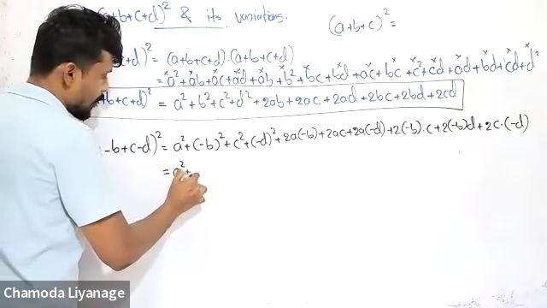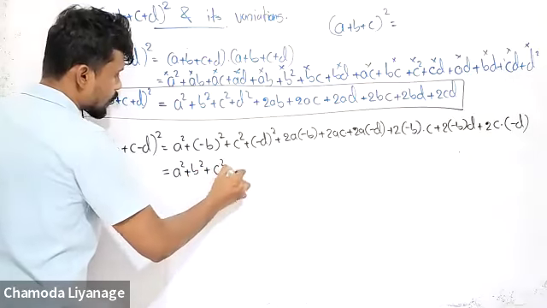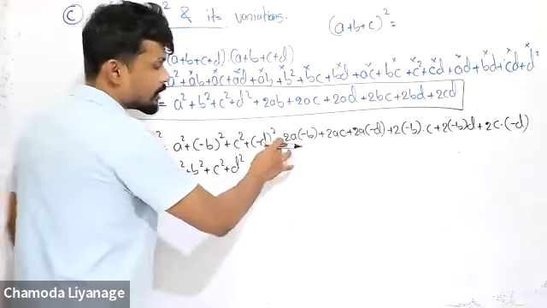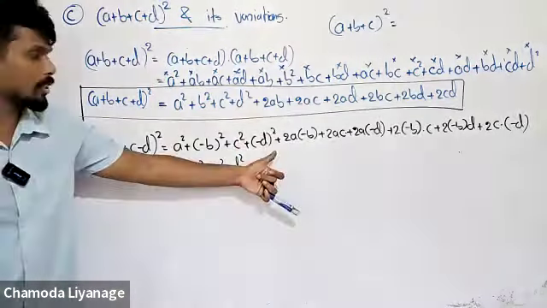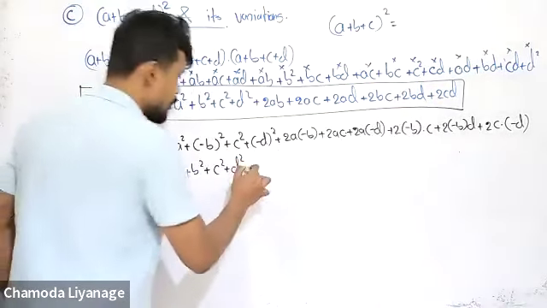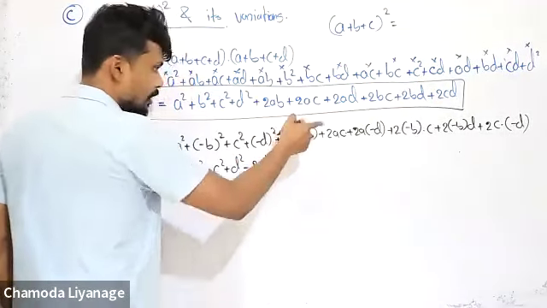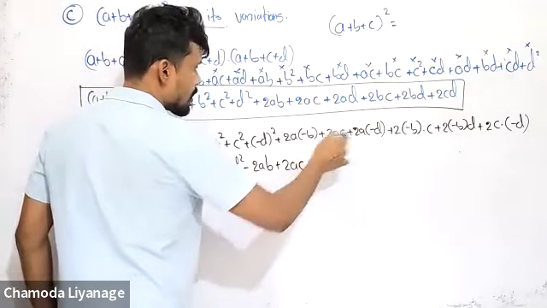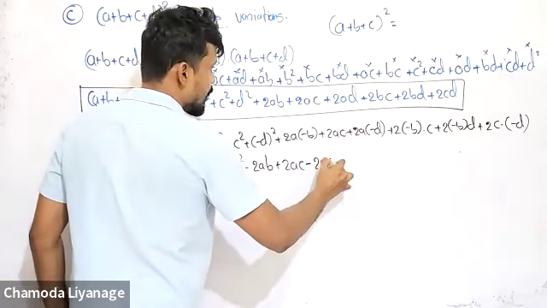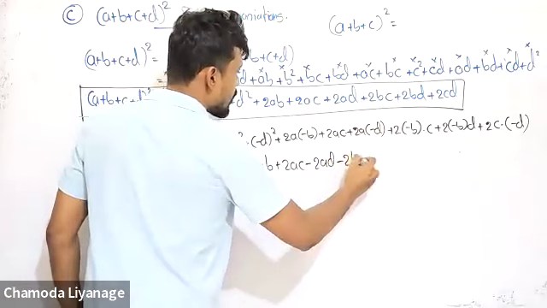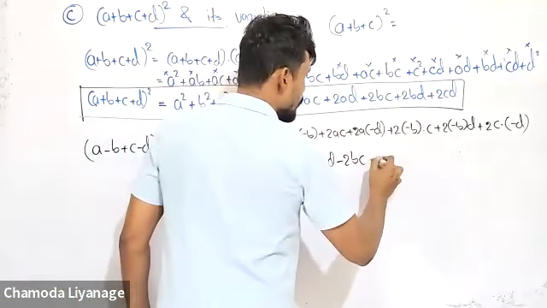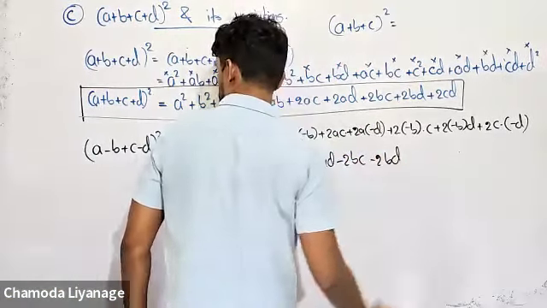Next, the simplification part: a squared plus b squared plus c squared plus d squared. And what is the sign here? Here the sign should be minus: minus 2ab, and there are plus 2ac. There should be minus 2ad. This one also minus 2bc. This one also minus bd.